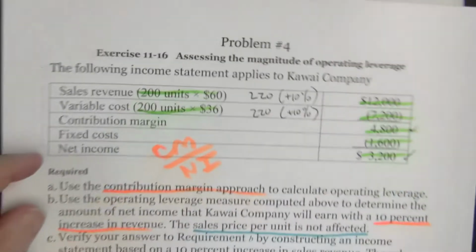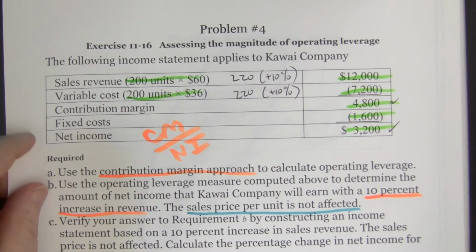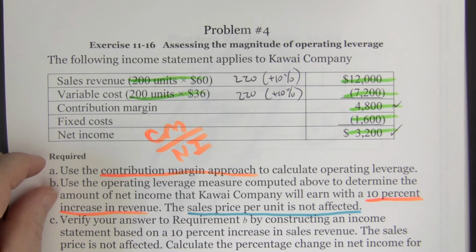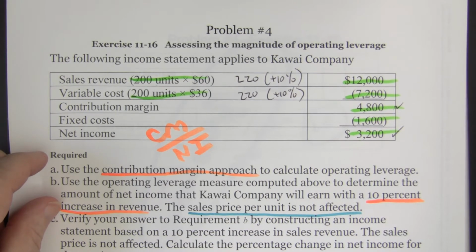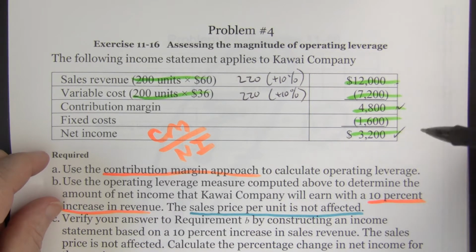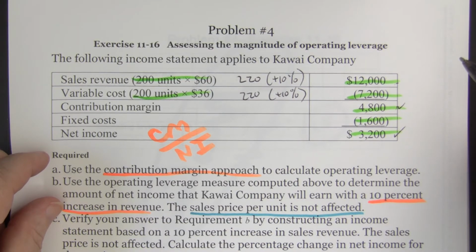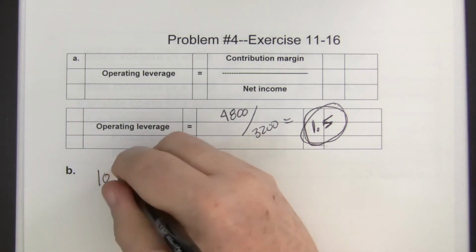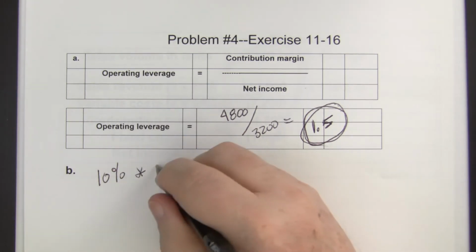Now they say, part B, use the operating leverage computed above to determine the amount of net income that they will earn with a 10% increase in revenue. So instead of having 12,000, they're going to increase that by 10%. So that'll go to 13,200. But we don't need to go through all that. All we need to do is take the 10% change in revenue times our leverage.